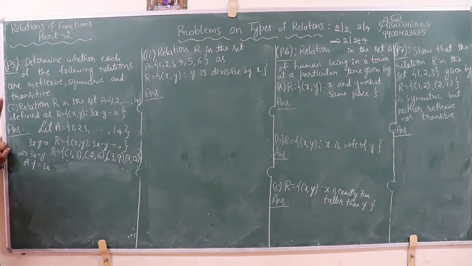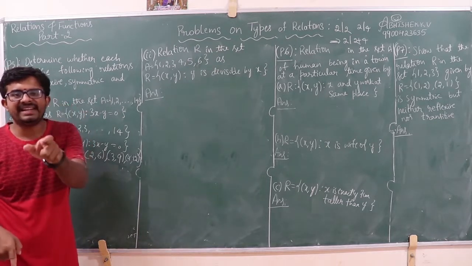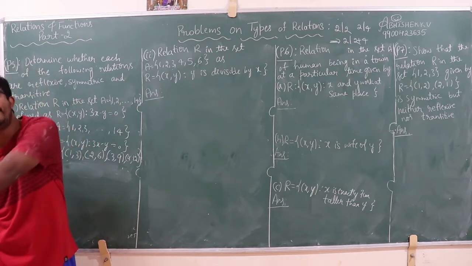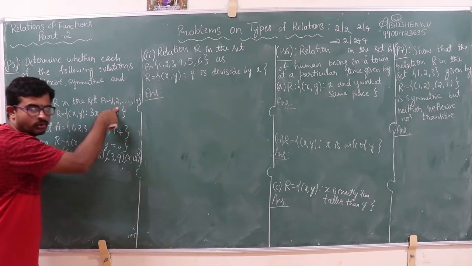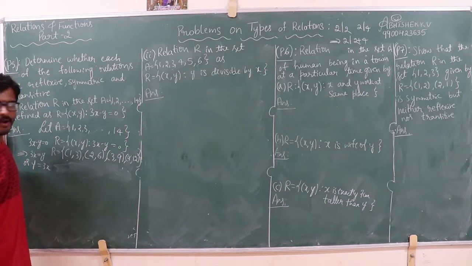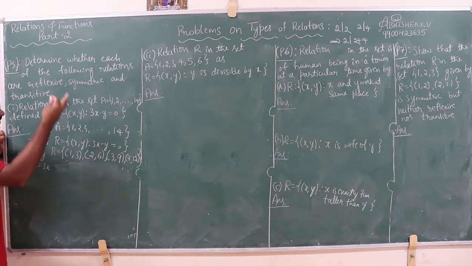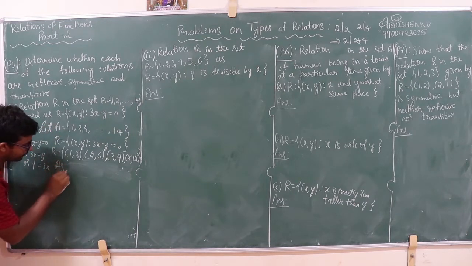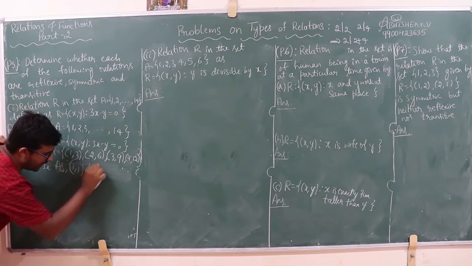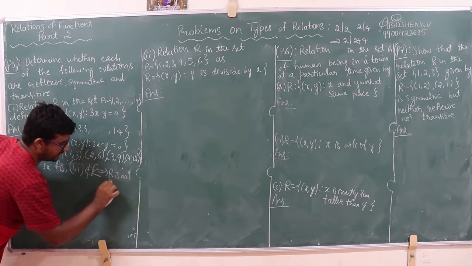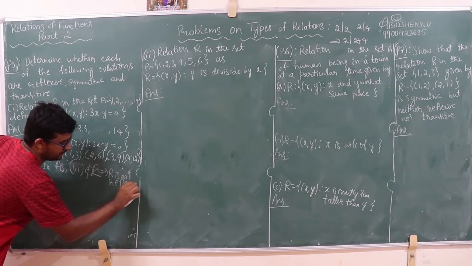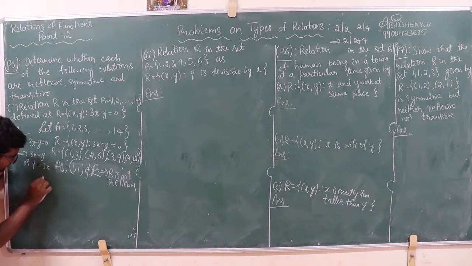We are going to check reflexivity first. (1, 1) does not belong to the relation R. This implies R is not reflexive. R is not reflexive. Consider the symmetric property, the second one.